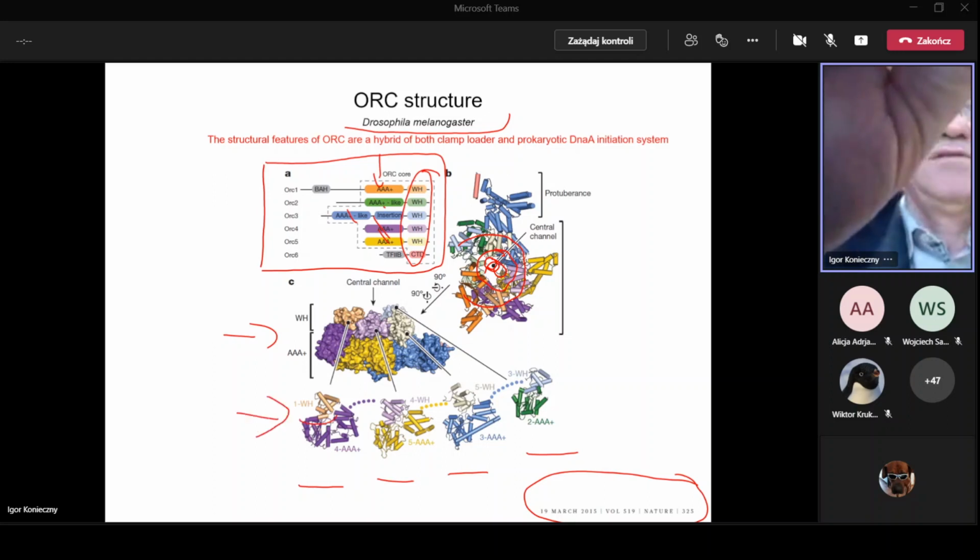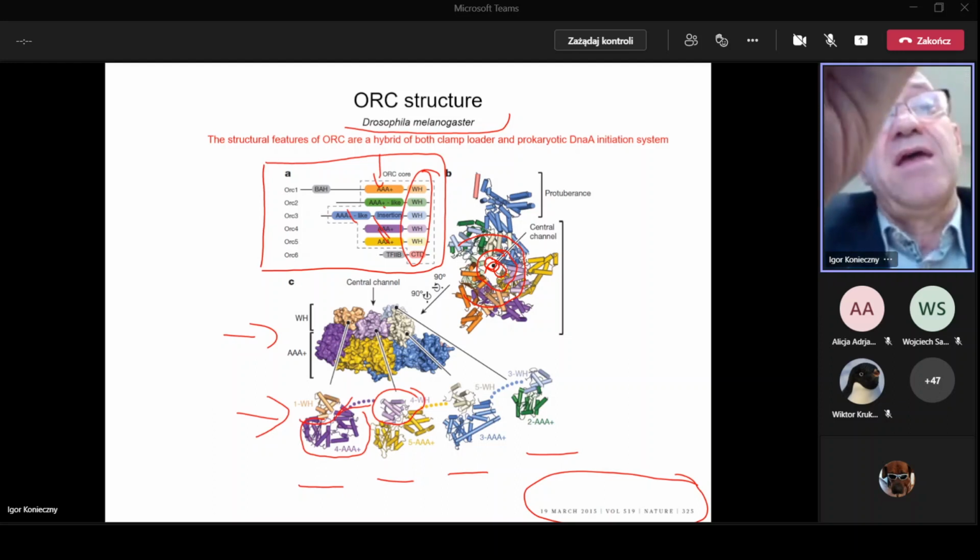So this violet color is the AAA plus domain of ORC4, and then there is a hinge, and then we have the winged helix of ORC4.